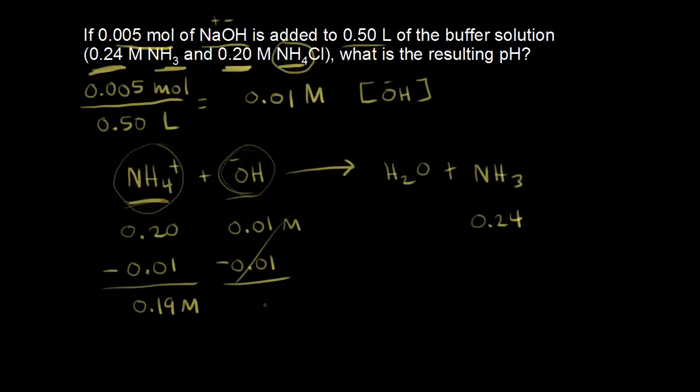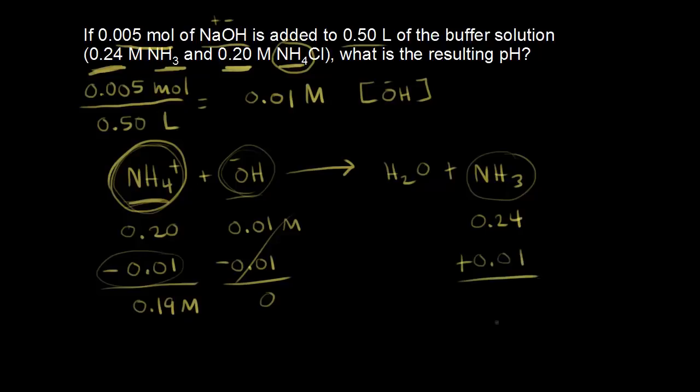Hydroxide, we would have 0 after it all reacts. And since the ammonium turns into the ammonia, if we lose this much, we're going to gain the same concentration of ammonia. So over here we put plus 0.01. The final concentration of ammonia would be 0.25 molar.